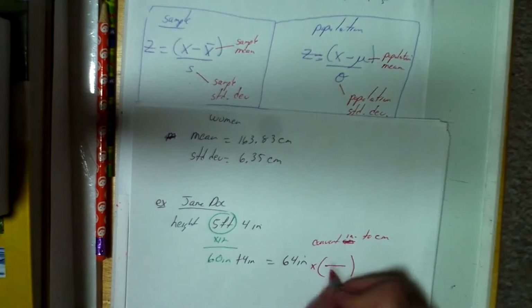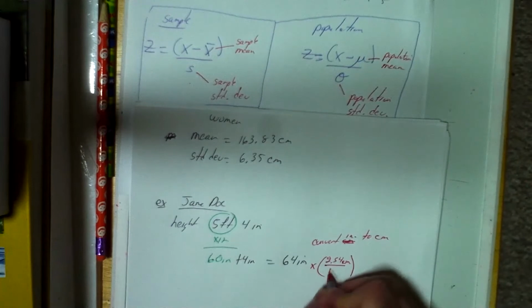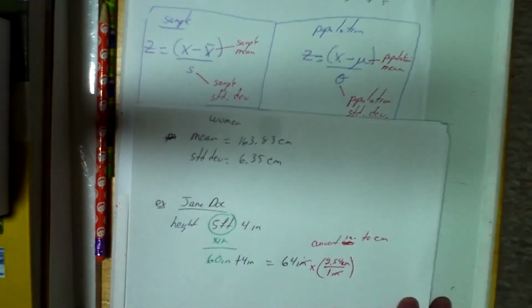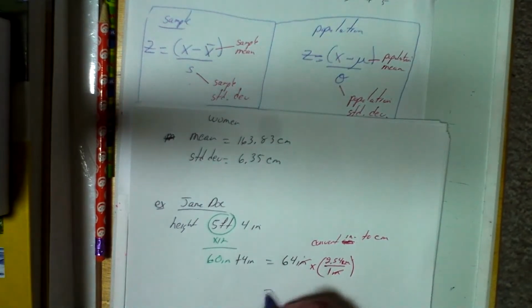Well, you write it in a way so that the inches are diagonal, so you can cancel them. So you put 2.54 centimeters here, and you put the 1 inch. That way, inches cancel, and then you just multiply 64 times 2.54, which gives us Jane Doe's height in centimeters.